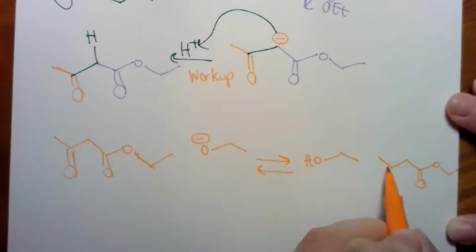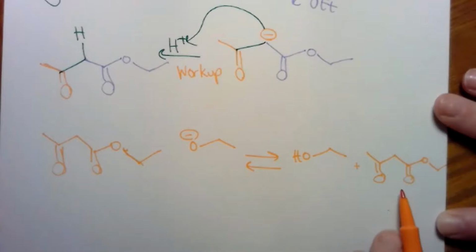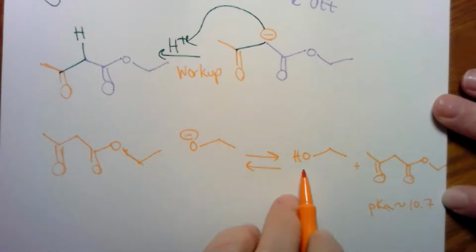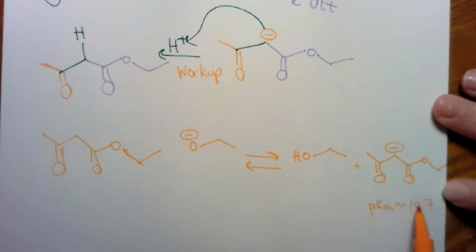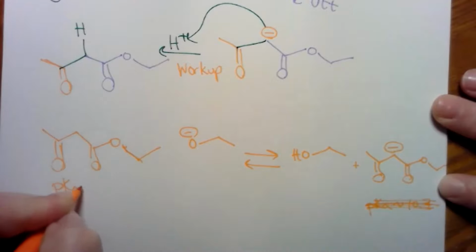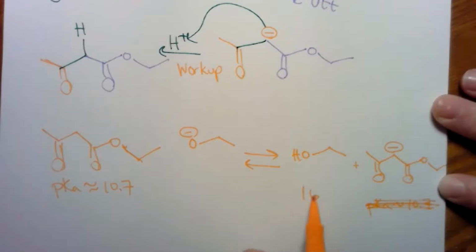and we revisit the first video about enolates, we would see that a beta diketo type compound has a pKa around 10.7. This is supposed to be the enolate. Sorry, no wonder. A beta diketo compound has a pKa around 10.7, and ethanol has a pKa around 16.